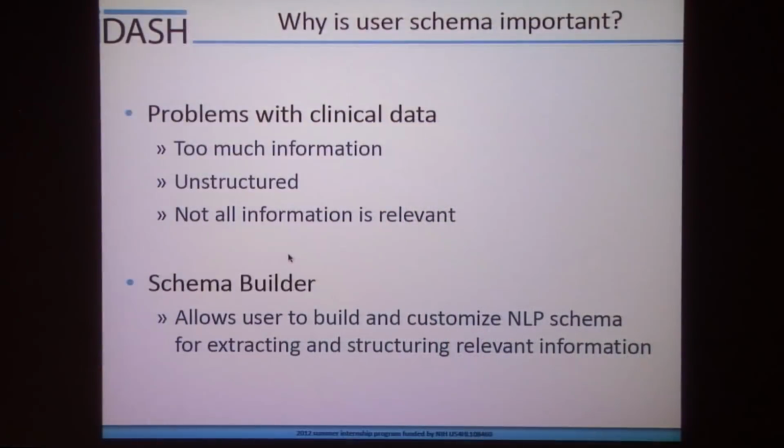So in order to address these problems, it will be necessary to provide the user with some form of front end or a user interface that'll help them build or customize an NLP schema for extracting and structuring relevant information.